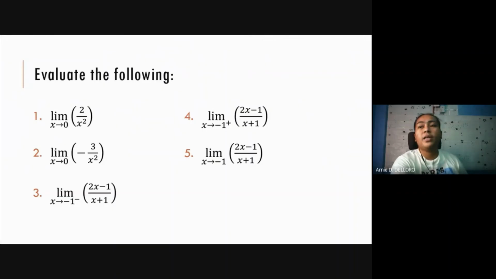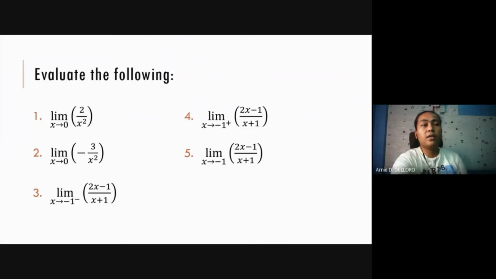ginagamit dito yung idea ng vertical asymptote. Kasi kung alam mo yung vertical asymptote ng bawat function, you will be guided actually kung papunta ba saan yung function or yung graph ng function.